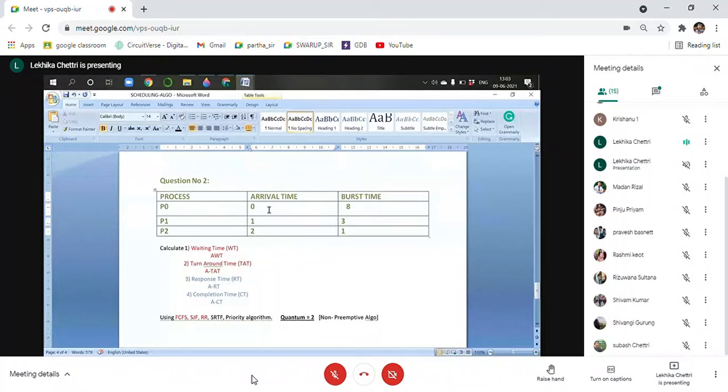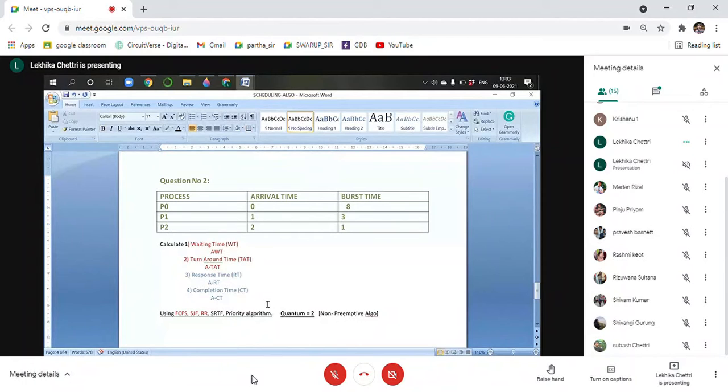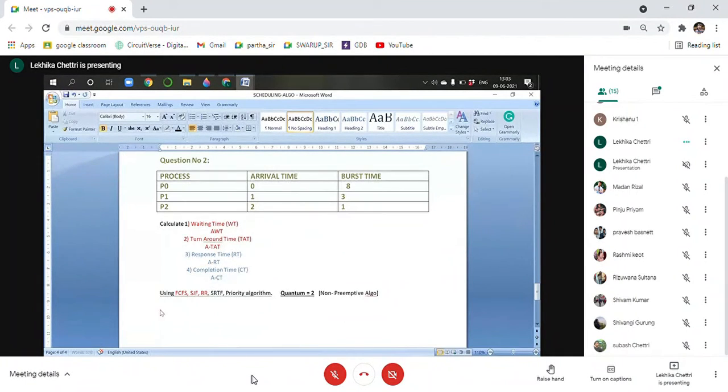Okay, you can solve it and compare answers amongst yourself, among friends. Okay, so are we ready? Any doubt from round robin? Can we move towards solving this?